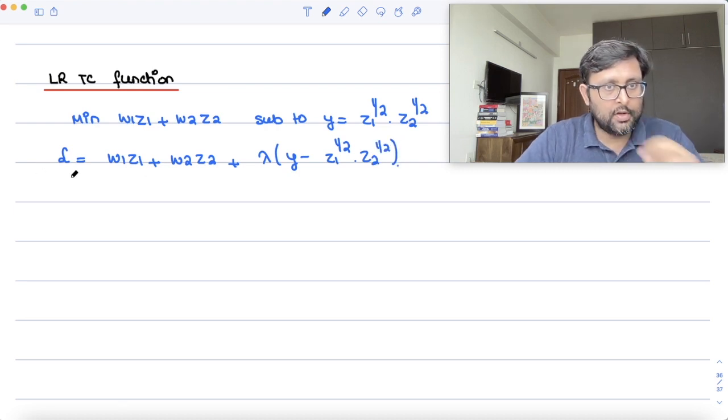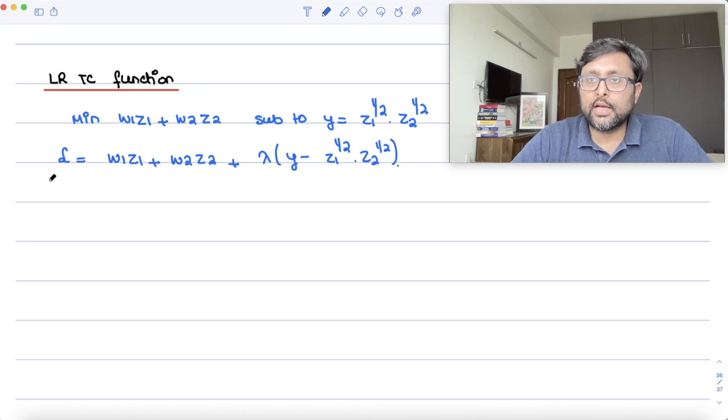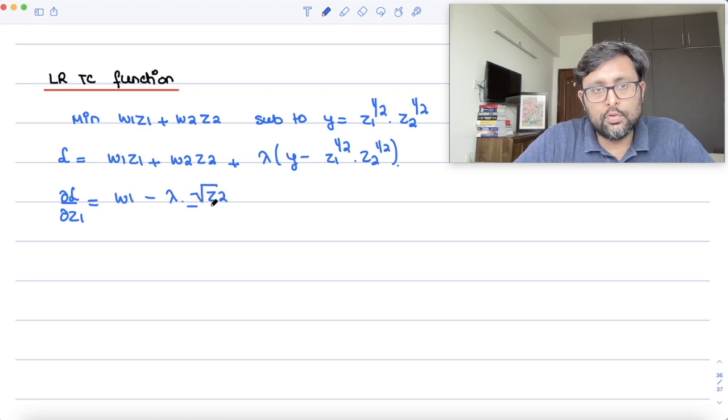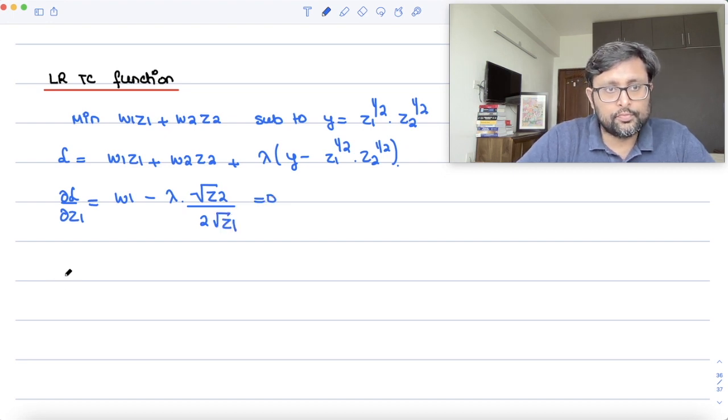How many partial derivatives am I going to find out? Three. One for each variable and one for the constraint. Del L by del Z1 is W1 minus lambda times root of Z2 whole upon 2 root Z1 equals 0.